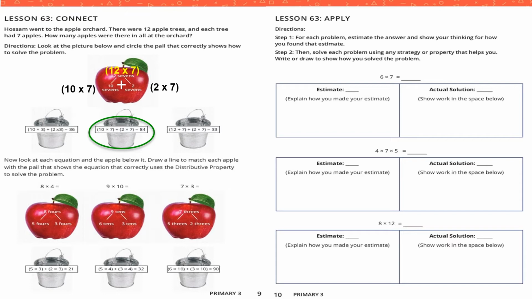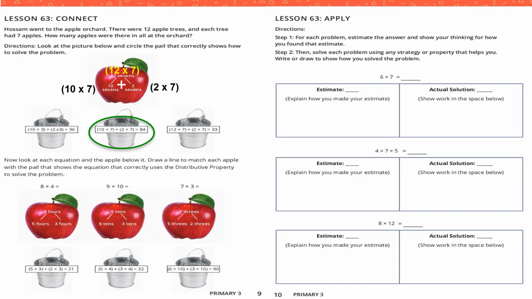The next one, he is telling me to look at each equation and the apple below it and draw a line to match each apple with the pair that shows the equation that correctly uses distributive property.